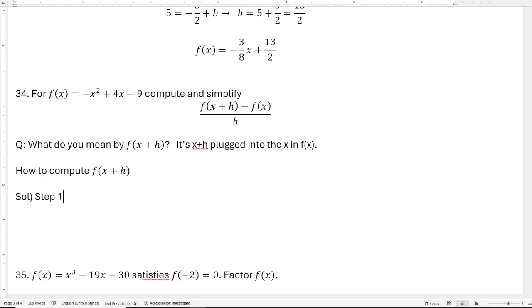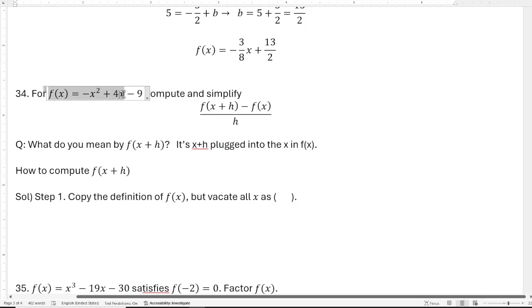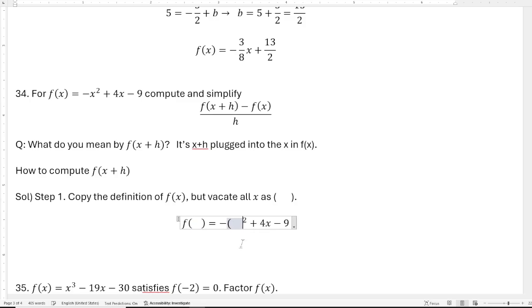So step 1, copy the definition of f of x, but vacate all x as blanks with nothing in there, okay? So just copy this thing, and instead of x you put a parenthesis, instead of this x you put a parenthesis, instead of this x you put a parenthesis.